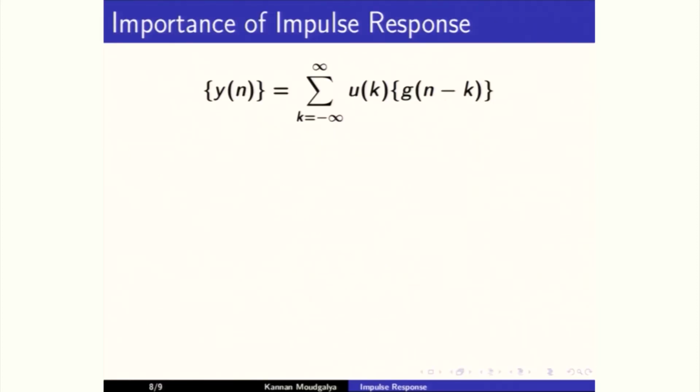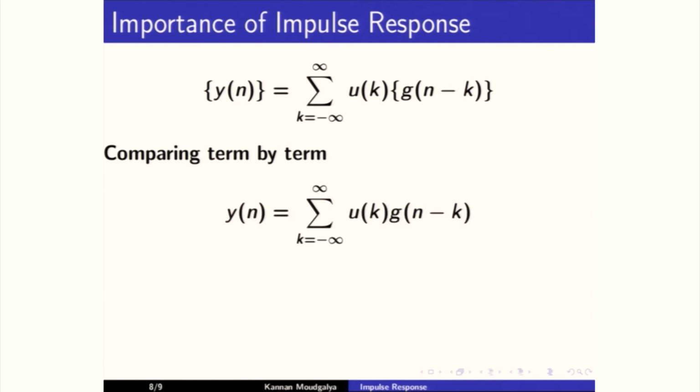Okay, I am going to point out the importance of impulse response now. This is the expression that we derived earlier. We can compare term by term and obtain this. Notice that this multiplies a doubly infinite sequence. So each one multiplies a doubly infinite sequence. So we take out just g of n minus k from there and so you write y of n, we can get this expression.